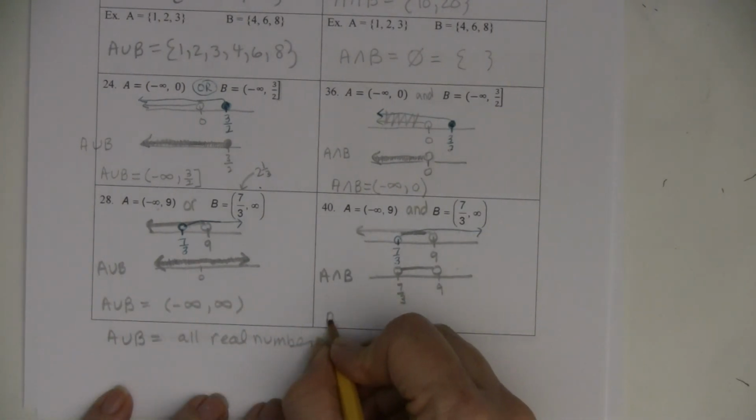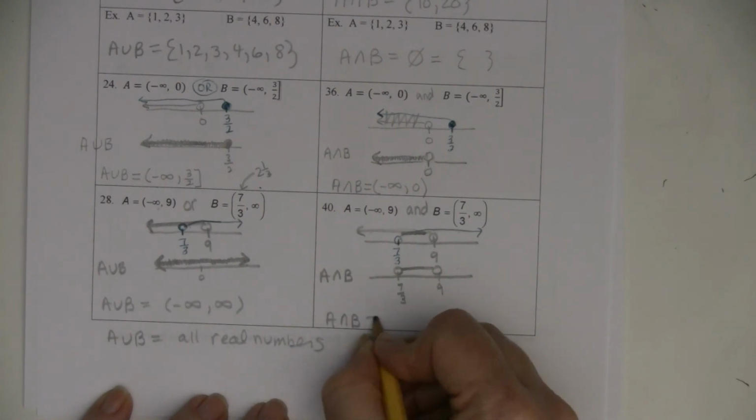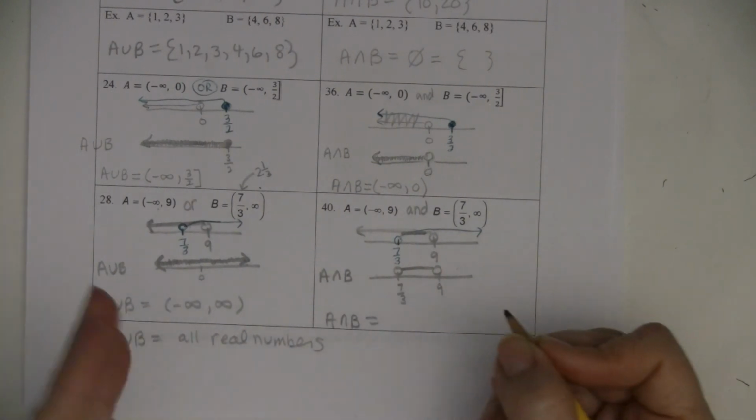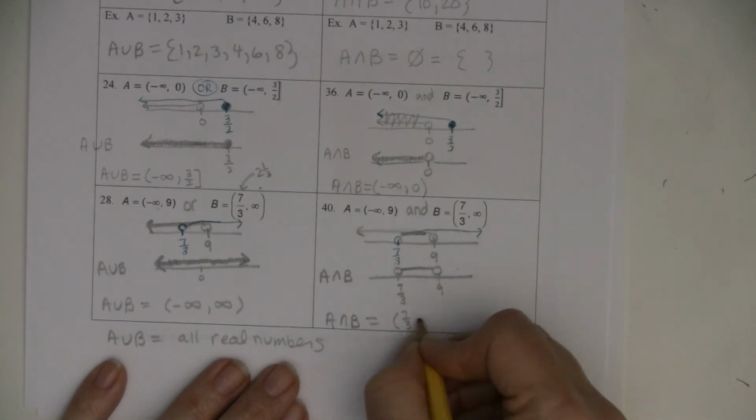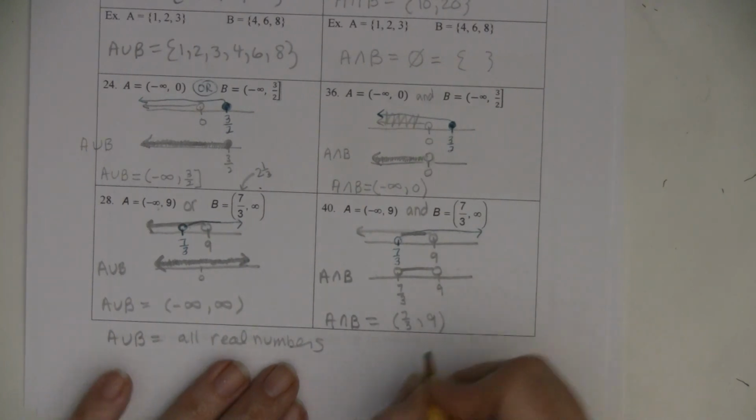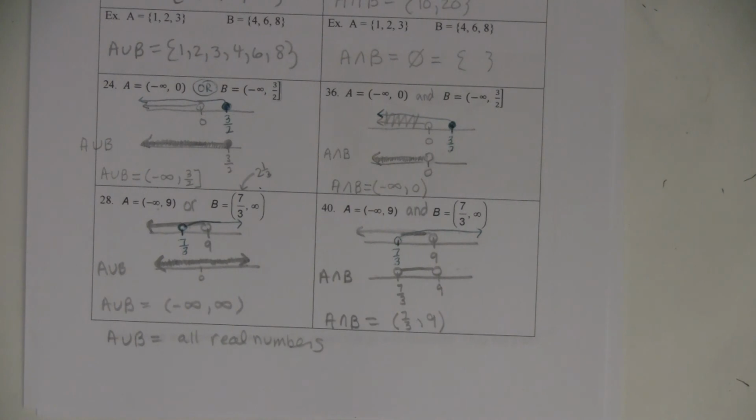And so A intersect B is equal to, in interval notation, parentheses, because open circle, 7 over 3, comma, that's where the solutions start. Where do they end? At 9, and parentheses on 9. And so that's A intersect B.